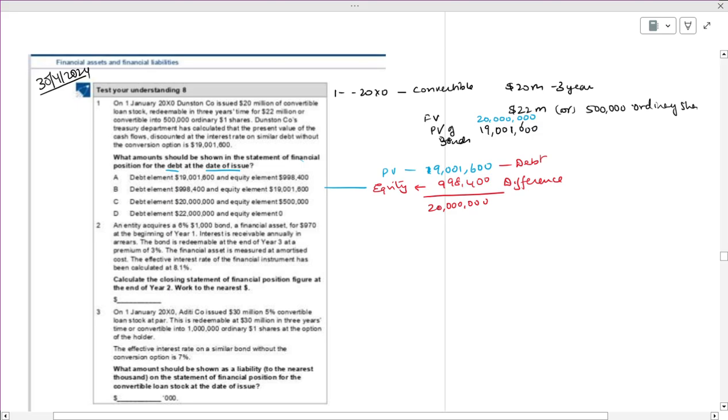It is 20, total debt? Present value of debt, 19 million. Equity is how much? 998,400.